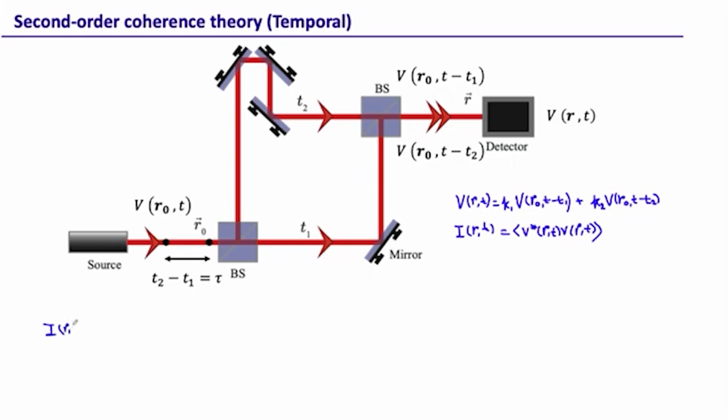I(R, t) is equal to the mod square of the first term, the mod square of the second term, and then the cross term.